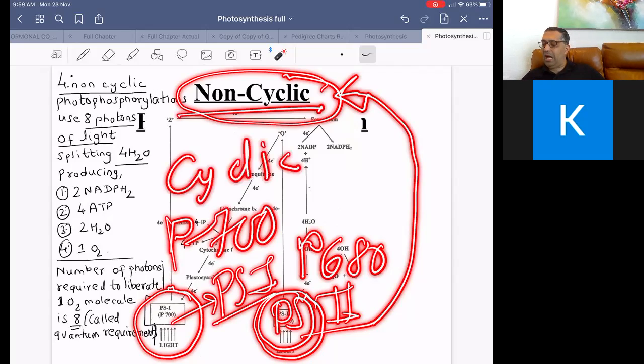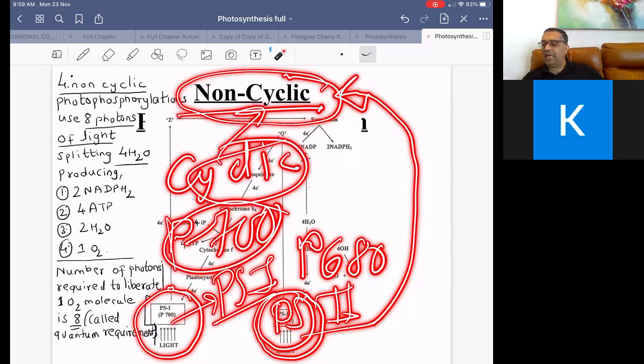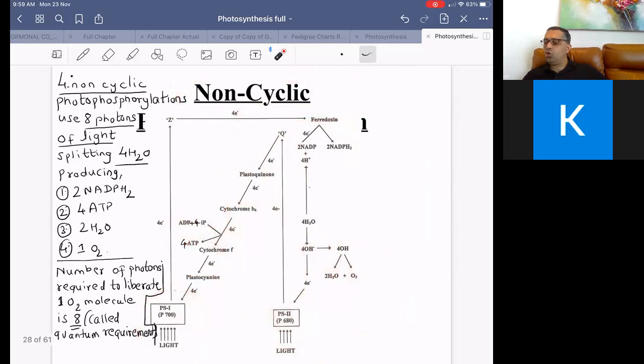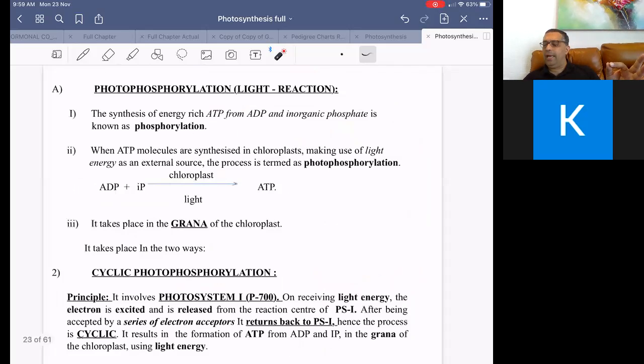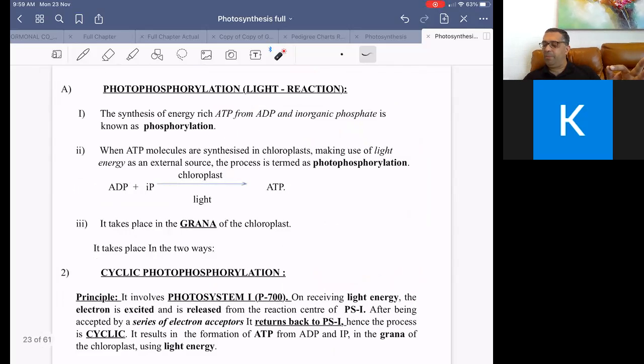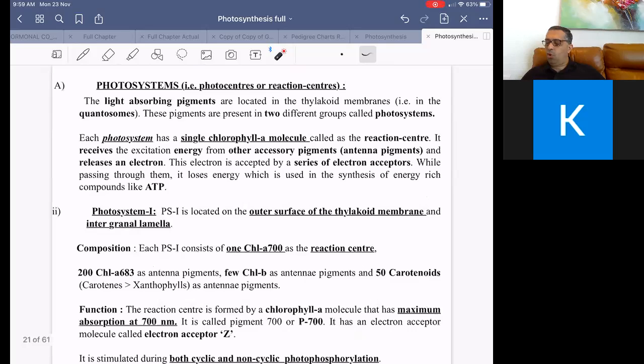So PS1 and P700 participate in both cyclic and non-cyclic. Okay, so we have understood both photosystems. Now I will explain the differences between both photosystems.